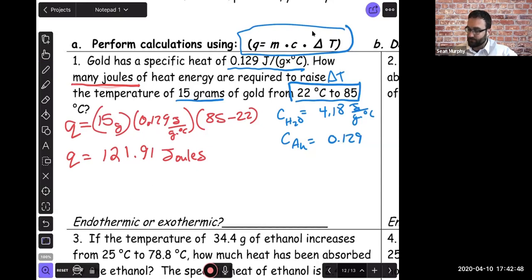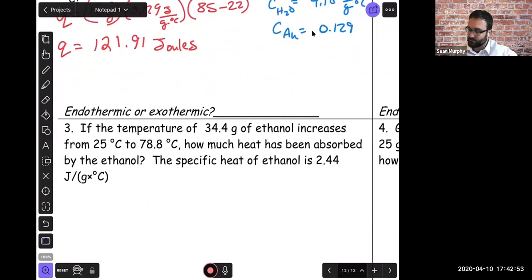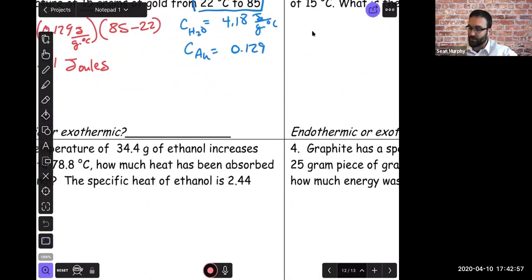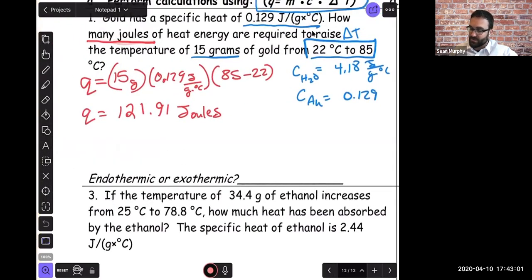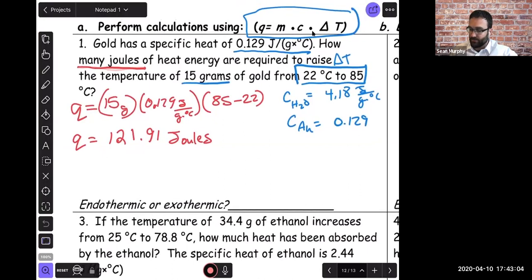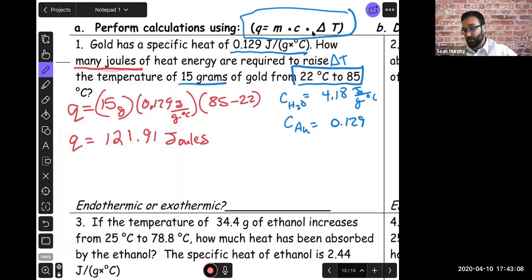Let's do one more. So that one was just like, oops, I'm sorry, we forgot to finish number one. All right, so since it's a positive, is it endo or exo? Did it gain heat or lose heat?